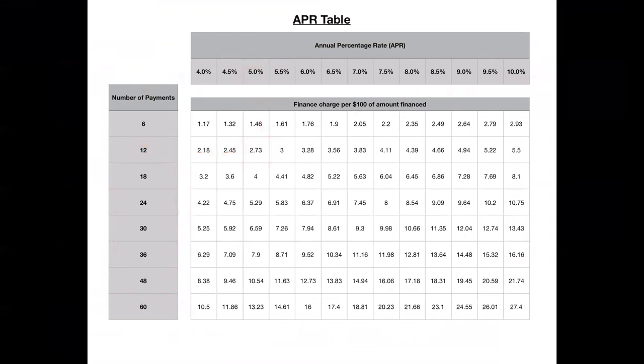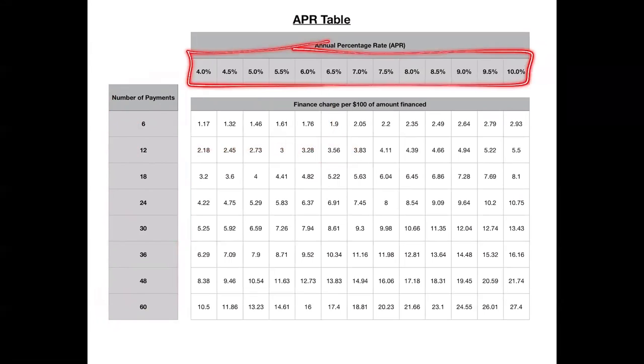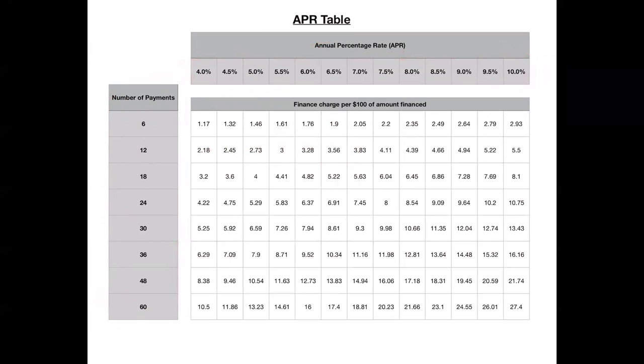In this case, we're going to pick a row. We're going to find our number of payments first. We're going to have that correspond to a certain value in this table, and then we're going to go up and read off the APR in this top column. So this top column is really the final part of this table. It is the APR. These up here are the APRs. They are the interest rates.